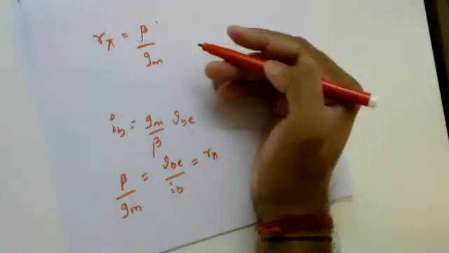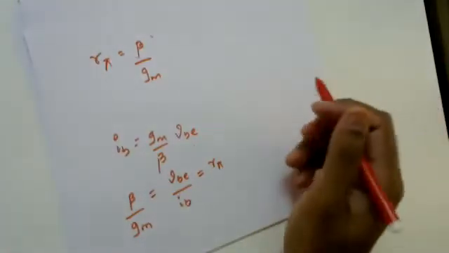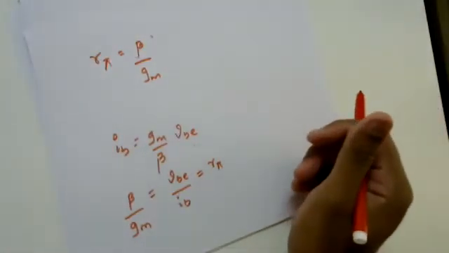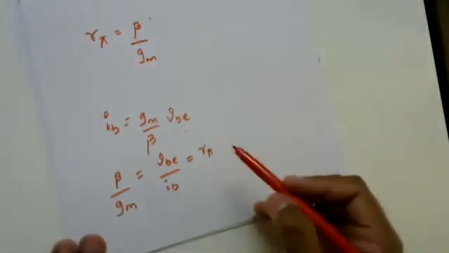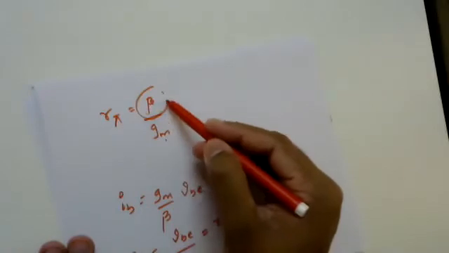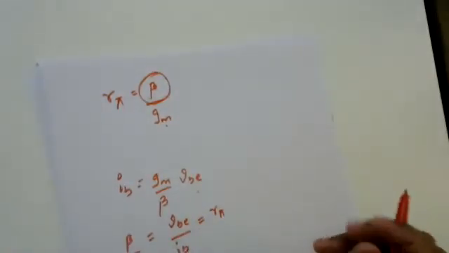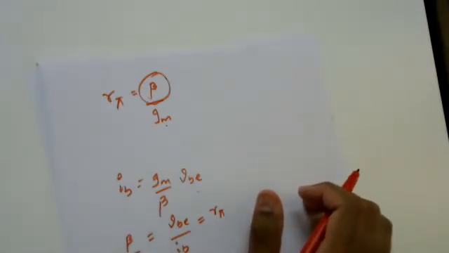Now I know that this beta can be written as, or if you want to replace this term, that is R pi equals beta by GM, how best can I substitute this beta? Please answer it in the group chat.